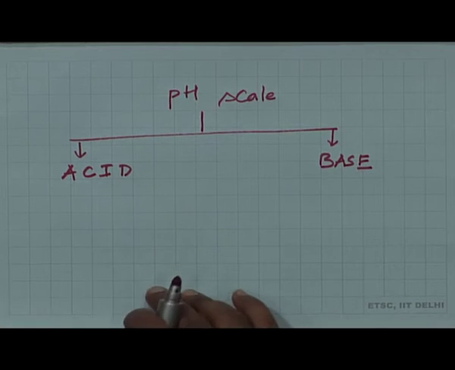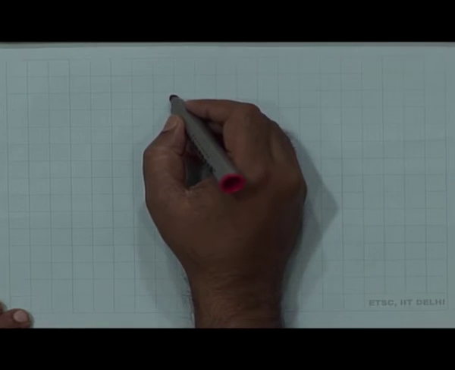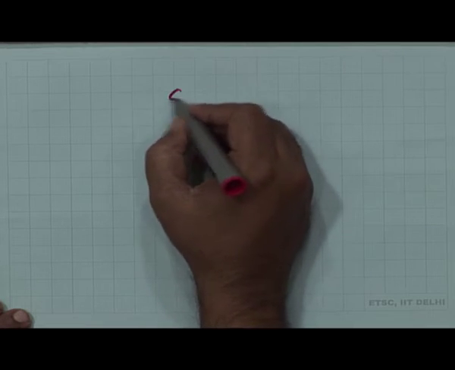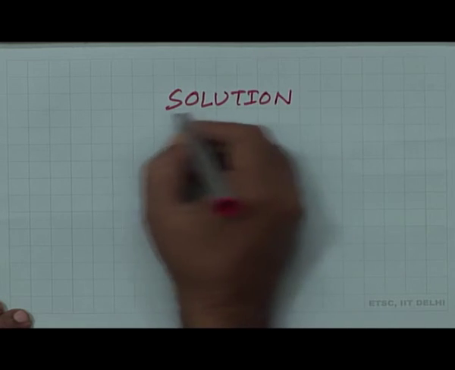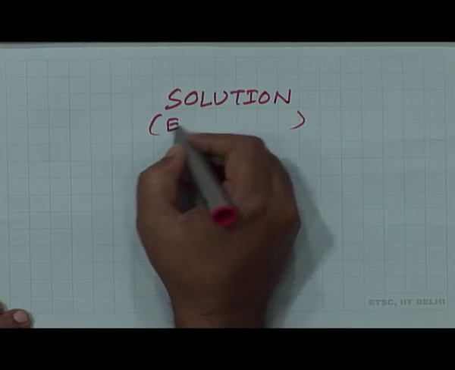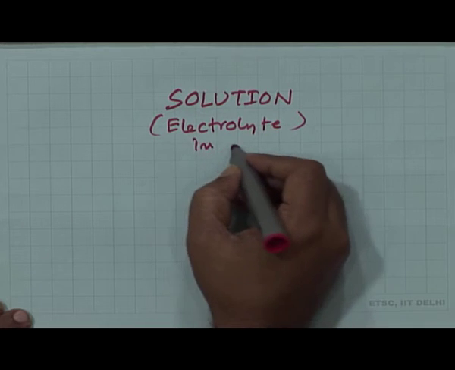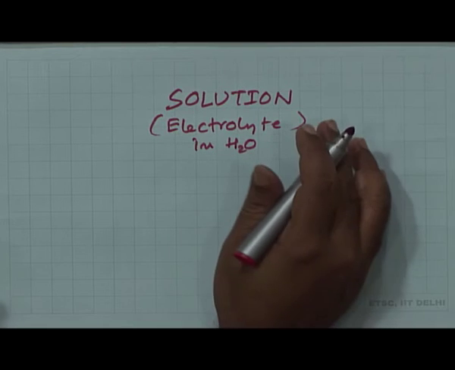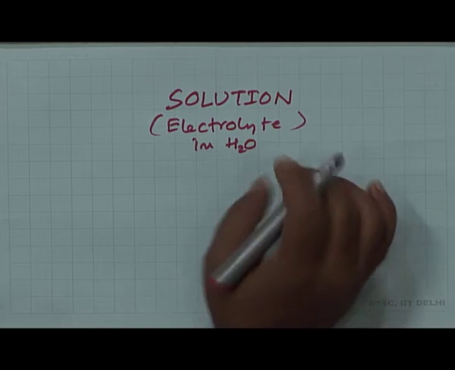Okay. So, first, how do we know whether a particular solution is acid or base? If I take a solution which is basically a salt or any electrolyte in water, when will it be an acidic solution, when will it be a basic solution?